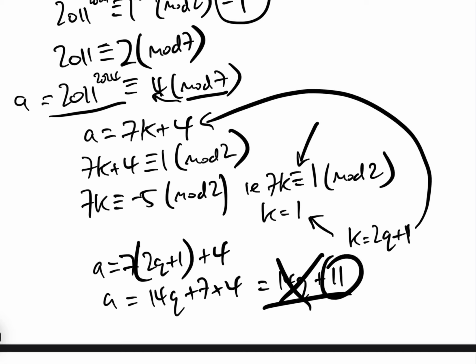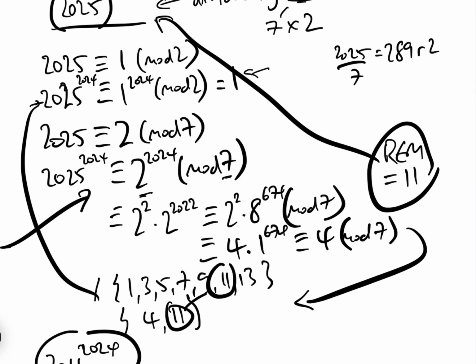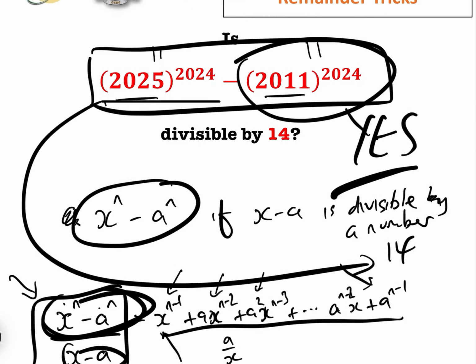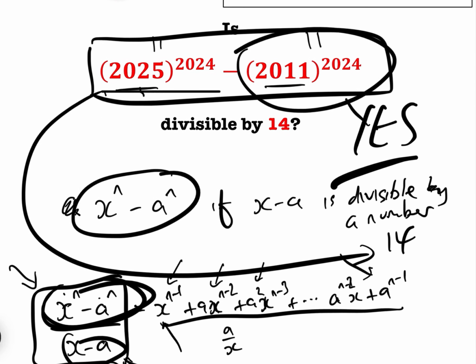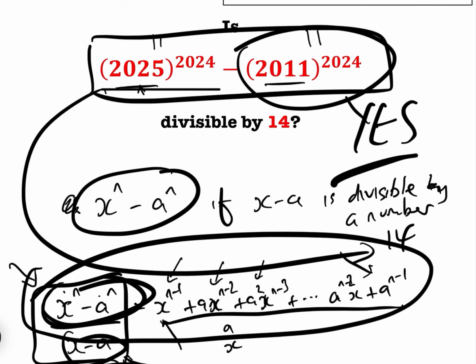So there we go, we've shown it the long way using two methods. 2011 to the 2024 has a remainder of 11 when divided by 14, and 2025 to the 2024 also has a remainder of 11 when divided by 14. Therefore 2025 to the 2024 minus 2011 to the 2024 is divisible by 14, which again we could have proved using this trick in 1 second.